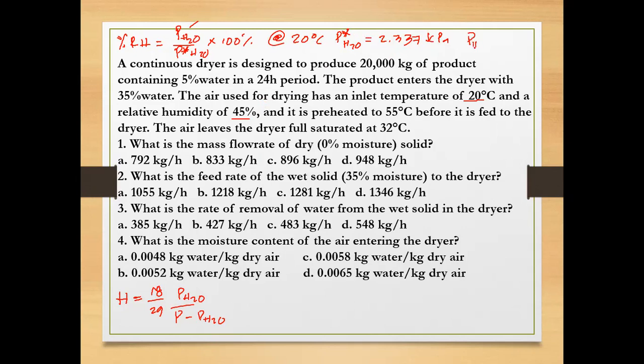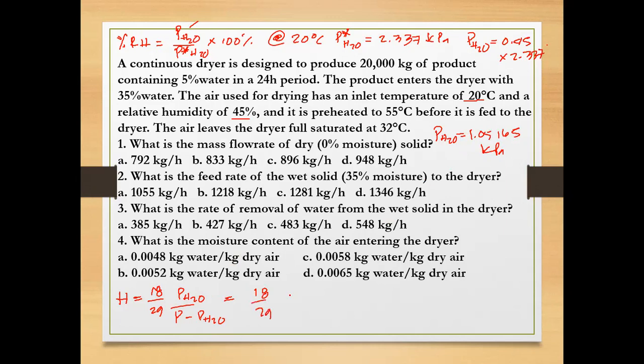So pH2O is 0.45 times 2.337 kilopascal. You're supposed to get 1.05165, in kilopascal.